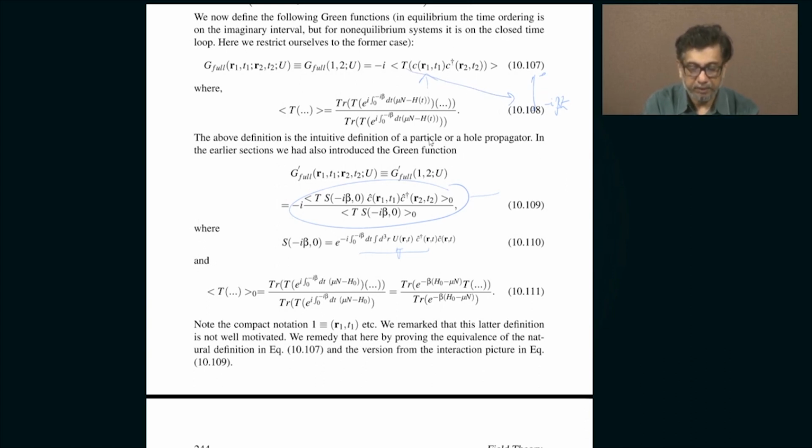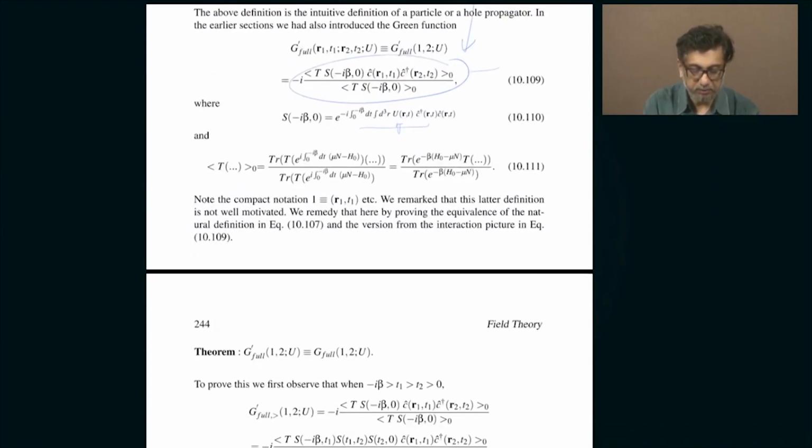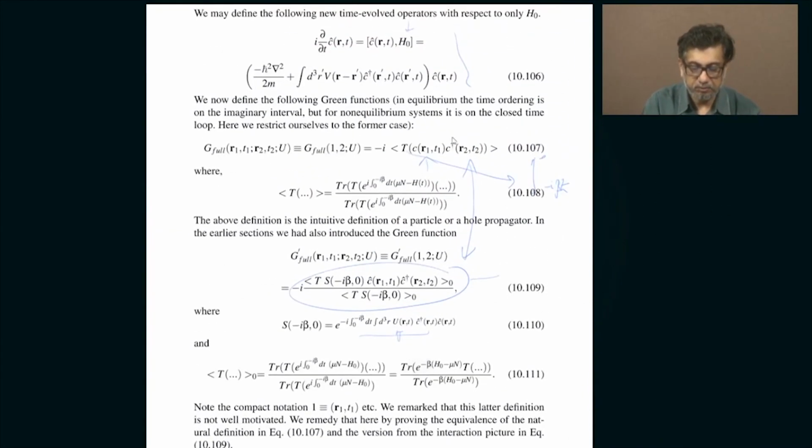Now I replace the C's by C hats, and this is mathematically the same. That's what I have done in all these steps. This theorem basically shows that this is the same as this, and this involves the part of the Hamiltonian in the interaction picture. It only involves the part of the Hamiltonian that doesn't change with time. The part that does change with time is lumped into this S matrix.